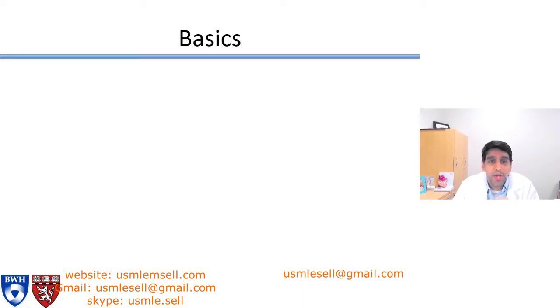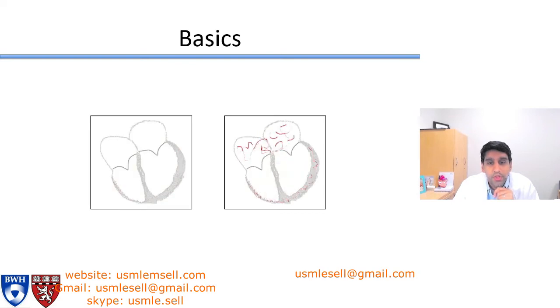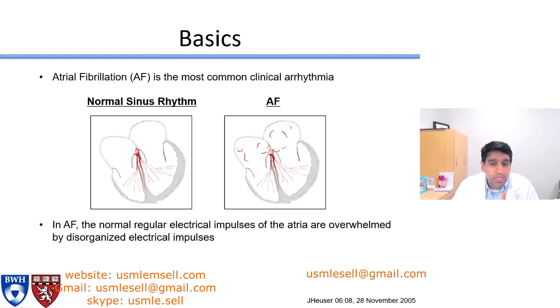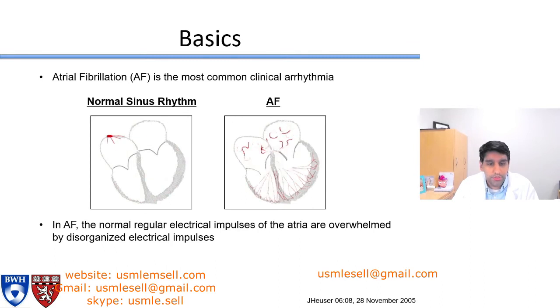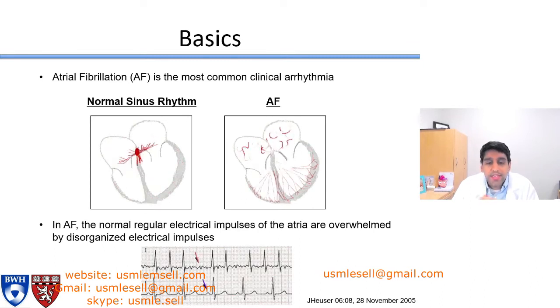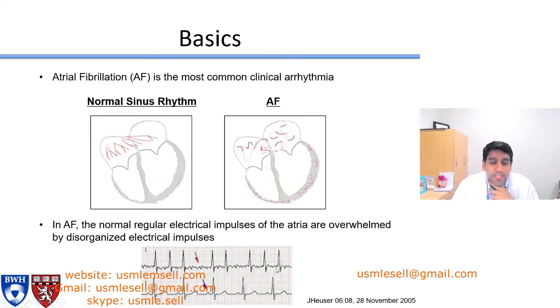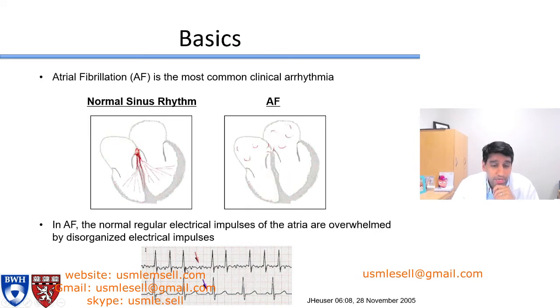So let's spend some time now talking about atrial fibrillation because, again, that is clinically the most common thing we encounter. So just to review the basics, atrial fibrillation occurs when the normal electrical impulses of the atrium are overwhelmed by disorganized electrical impulses. Now, what happens then is that the normal atrial electrical activity, which as we all know is inscribed on the EKG, as seen in the purple arrow, by a P wave, is lost, and disorganized chaotic electrical activity or fibrillatory waves, as seen in the red arrow, are present.